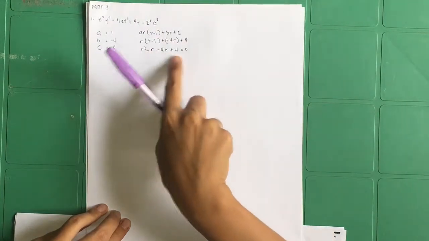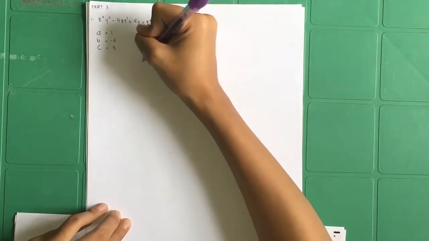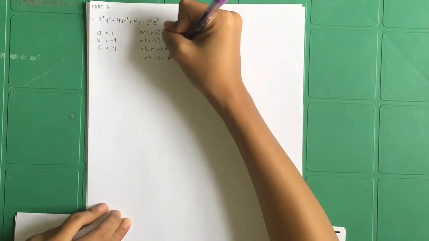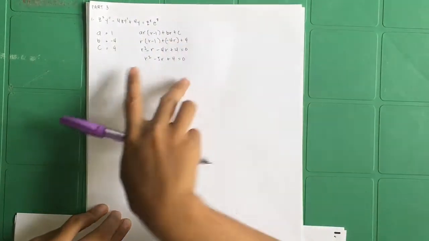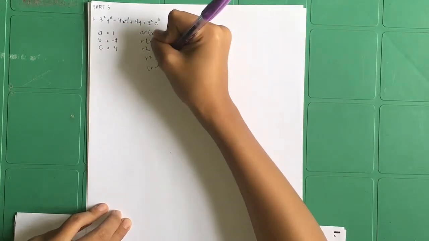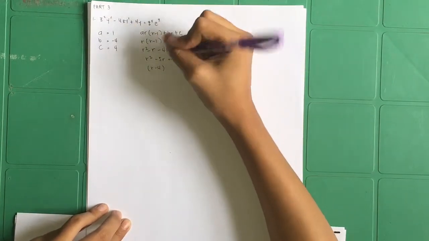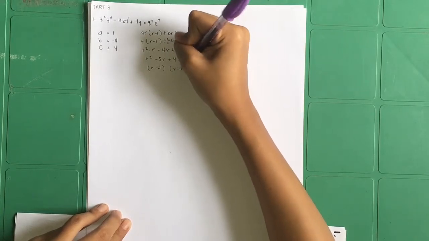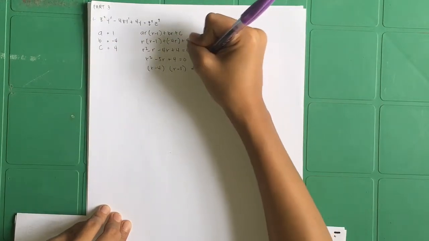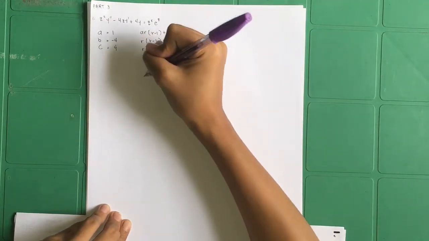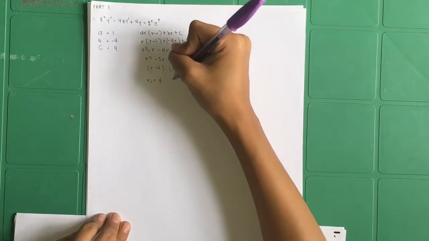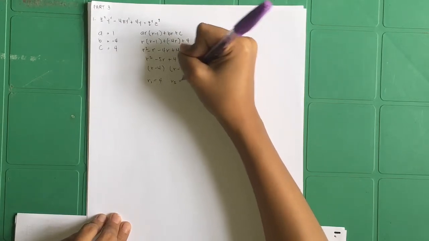Then we need to simplify it. Need to factor it, so that we can get the value of R1 equals 4, R2 will be equal to 1.